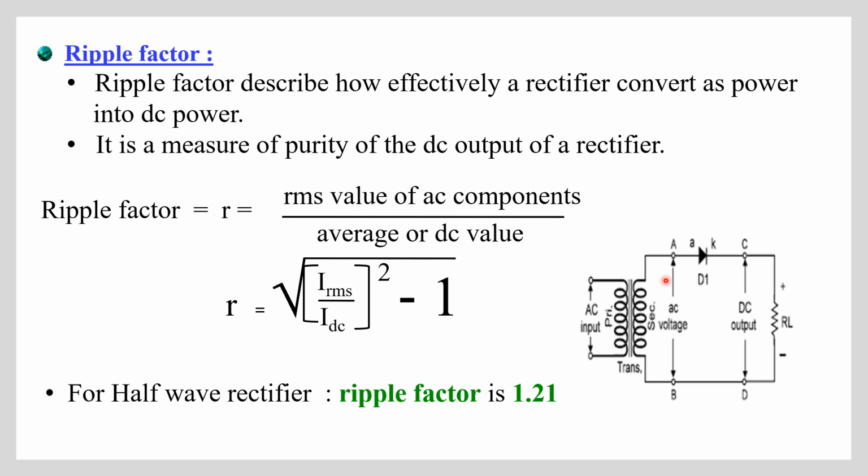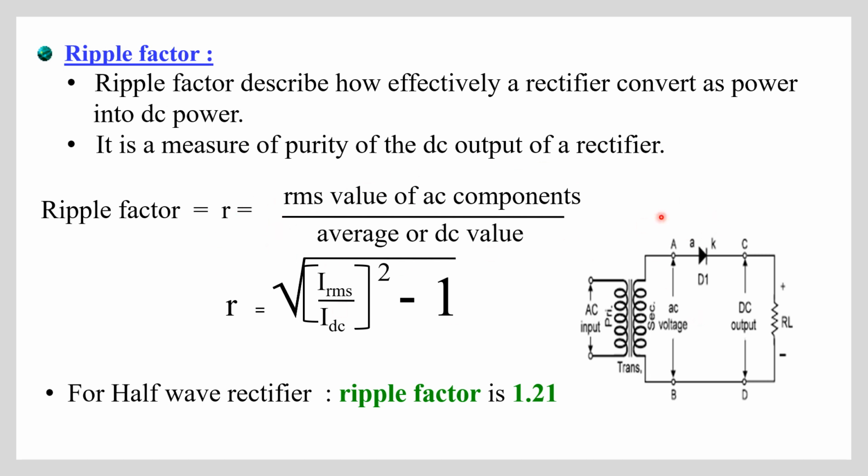Ripple is nothing but AC component. Now the ripple defines the periodic variation in the output DC voltage because of the imperfect suppression of the AC signal. So to define how much ripple is there in the output waveform, this ripple factor is used.